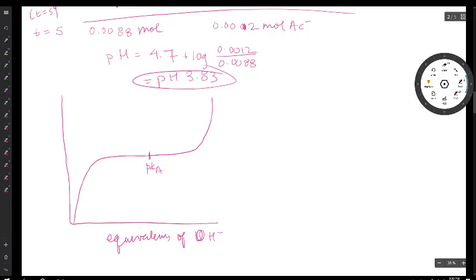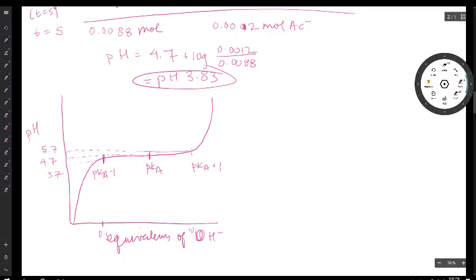Our pKa for acetic acid is around 4.7. So you're going to notice that from a pH of pKa minus 1, so this is 3.7, all the way to a pH of pKa plus 1, so this would be 5.7, this area is going to be completely flat.